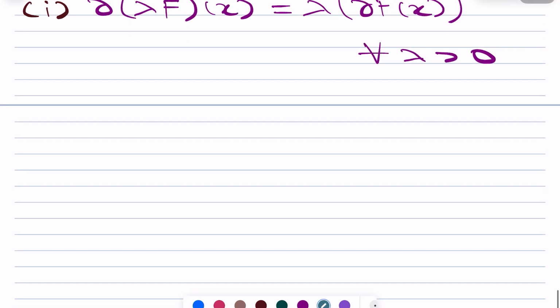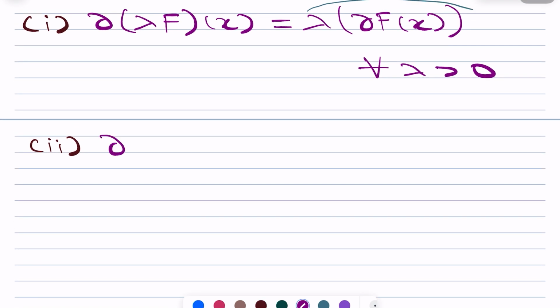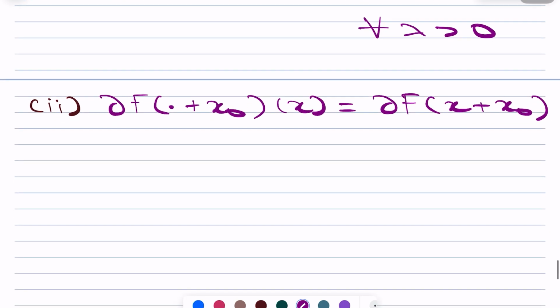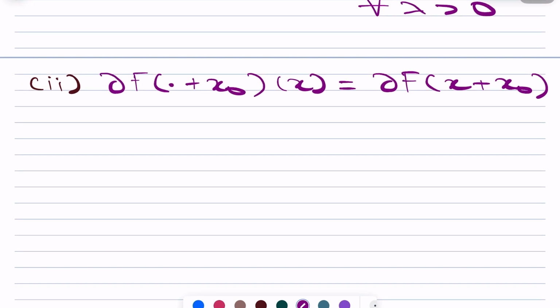The second property is that for the convex subdifferential of a shifted functional, say you want to evaluate the convex subdifferential of F shifted slightly at the point x, this is again the convex subdifferential of the function F at the translated point x plus x0.